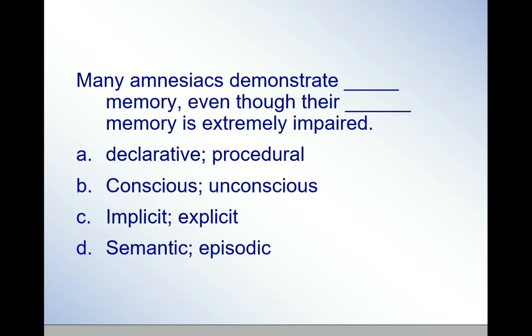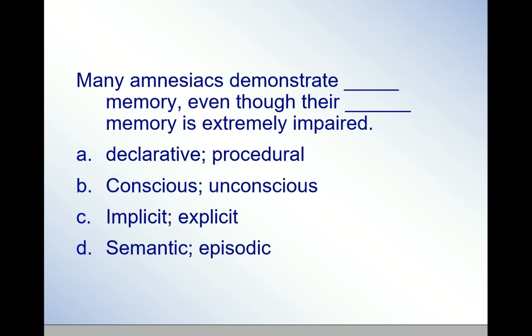All right, so when you have amnesia, you still remember basic facts like the sun rises in the east. You remember that, but you may not remember your name. You may not remember certain biographical events of your life.